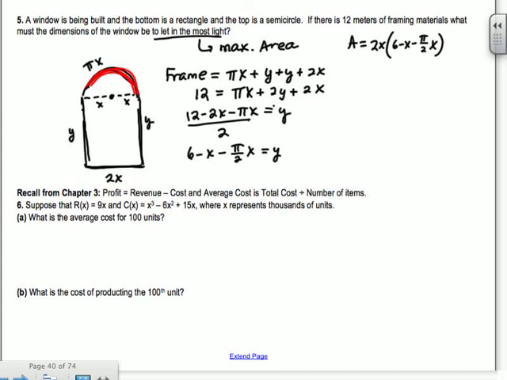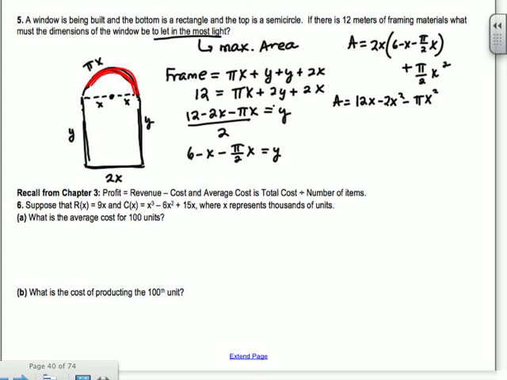The area of a circle is pi r squared. So what am I going to have? Pi over 2 x squared, right? So plus pi over 2 x squared. So multiply the 2x in, so I'm going to get 12x minus 2x squared minus pi x squared.